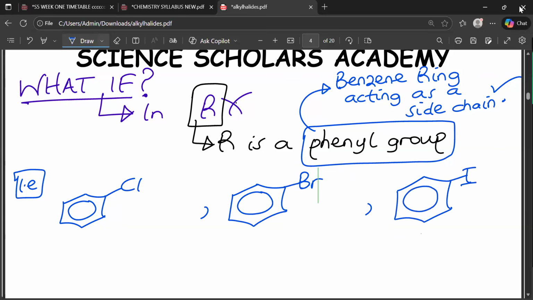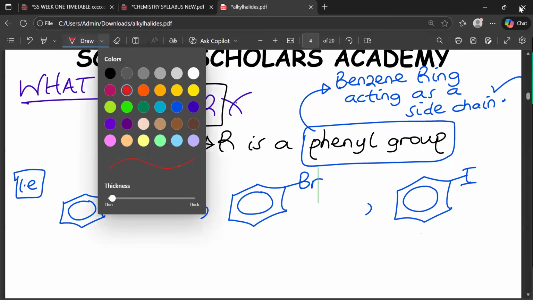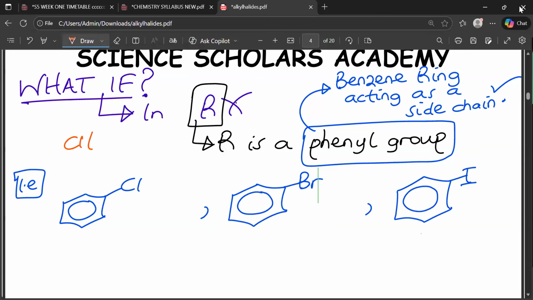Those who have been following the naming will also enjoy this. Because if you know that this is CH3Br, which I told you is locally called methyl bromide, you can tell that this one is phenyl chloride, phenyl bromide, phenyl iodide. So when you come across them, you're not surprised.